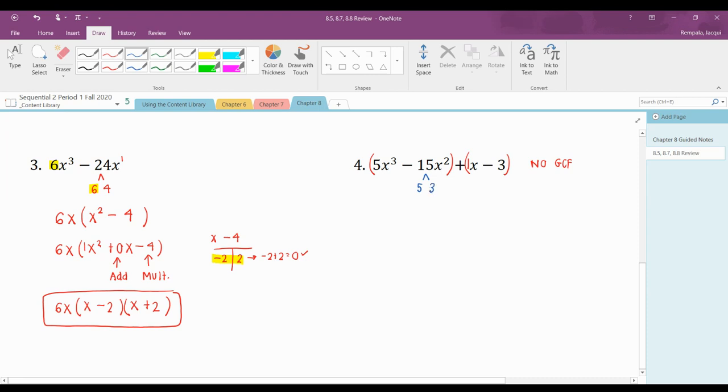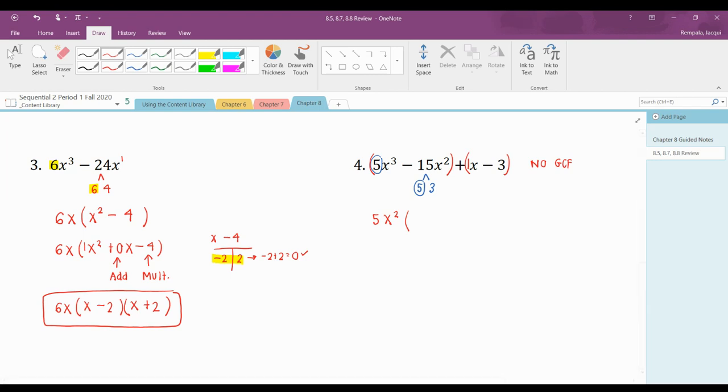And the answer is yes. 5 times 3. So they both have a 5 in common, so I know that a 5 is going to be factored out. Both of those terms also have some x's. Remember, I want to take the smaller exponent. That's what they have in common. So between an x to the third and an x squared, x squared is what they have in common. So that means that's my GCF of the first parenthesis.